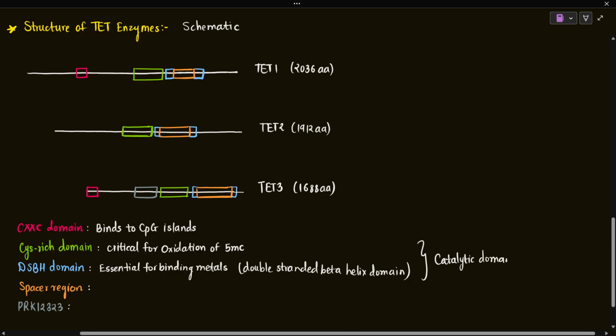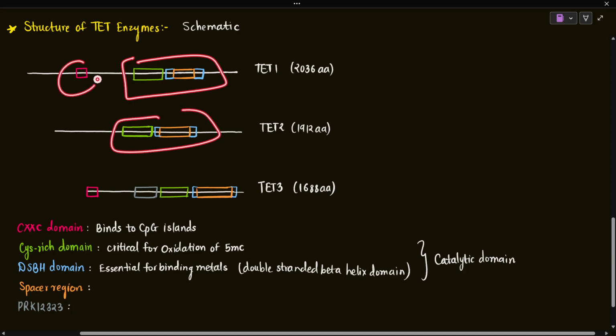As the TET proteins oxidize 5-methyl cytosine to different oxidized forms, this catalytic domain is very important, and it should be present in all three, because it governs the function of the TET protein. That is why you can see this cysteine-rich domain and this double-stranded beta helix domain are common in all three proteins.